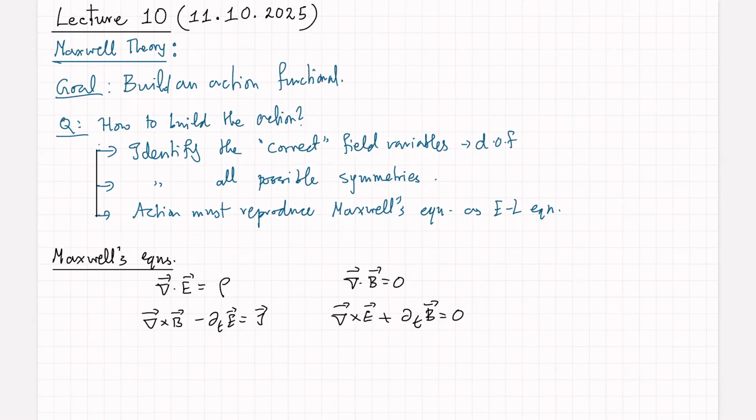So there is one thing that I need to say. So this rho and J cannot be completely arbitrary, right? Because I have to ensure that they satisfy the continuity equation. That's for self-consistency. Because I can take a del t here, and I can take a divergence here. The divergence kills off the curl term. Then I have divergence of del t of E here and del t of divergence of E, which commute.